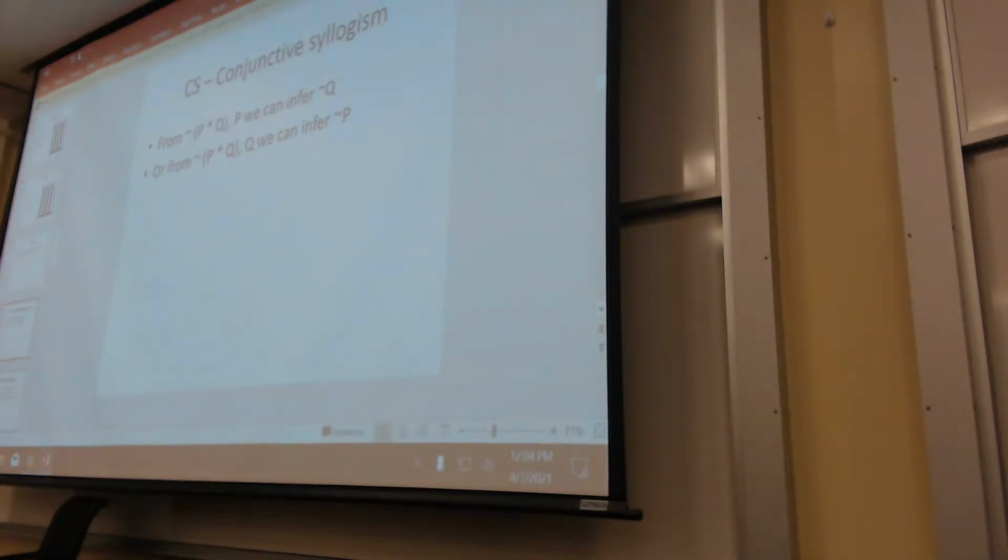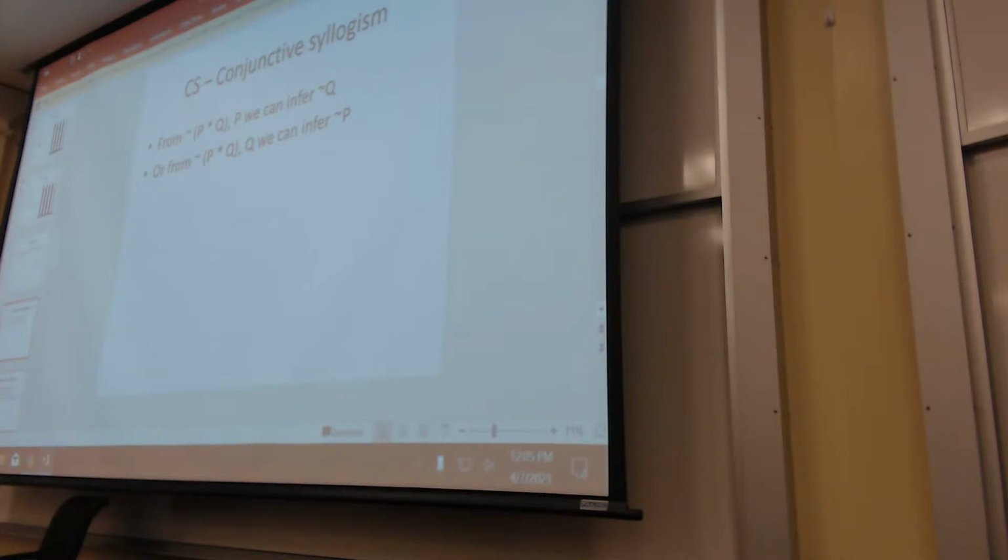But from negated and A and B, you can't derive anything by itself. What you need is a combination. You need the negated and statement, and you need an additional statement that matches one of the two halves. So this says not both.